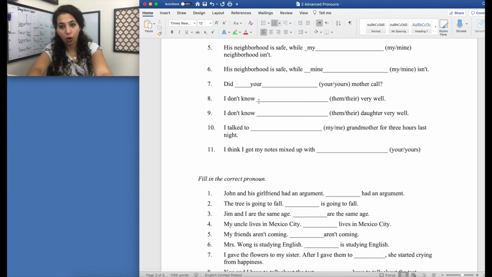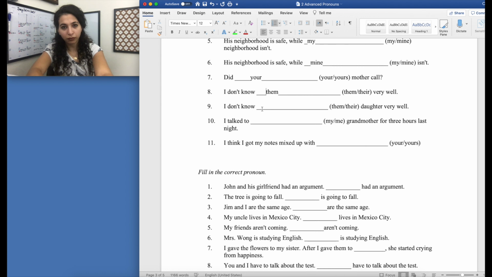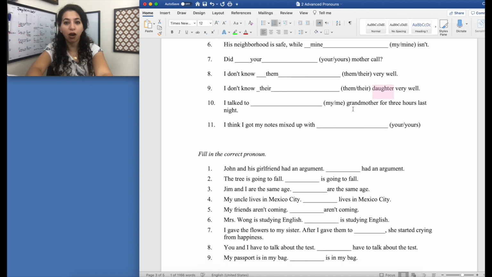Did you know them very well? Because them would be replacing a noun or two nouns, Tom and Linda. I don't know their daughter very well because their, again, this is telling us more information about the daughter.